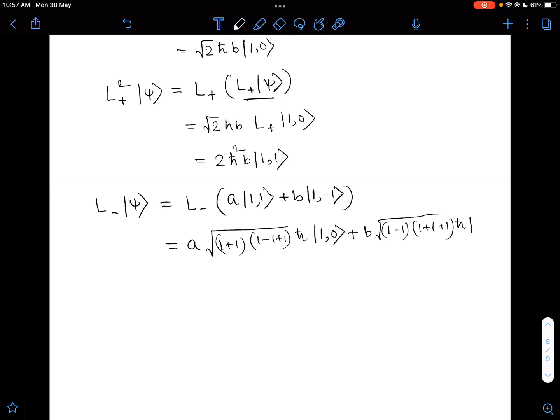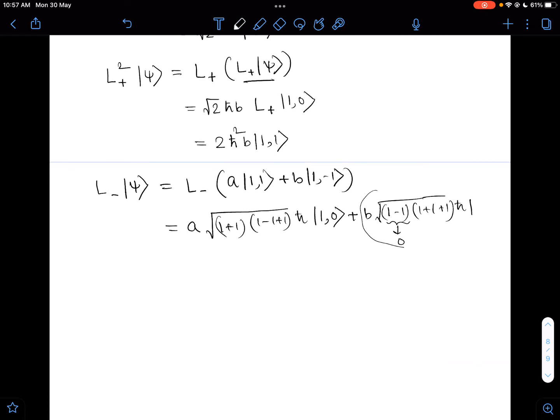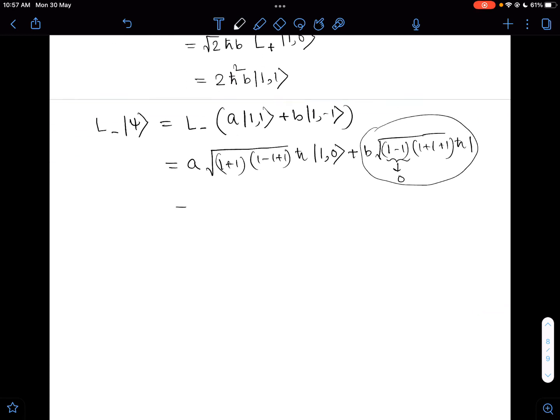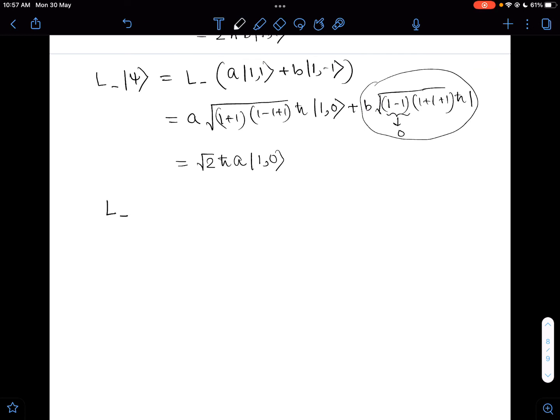This value is 0, so this term will anyway give us 0. So we are getting root 2 h cut A|1,0>. Similarly, if we again act with L minus on this state, as we got for the previous one, we get 2 h cut square A|1,-1>.